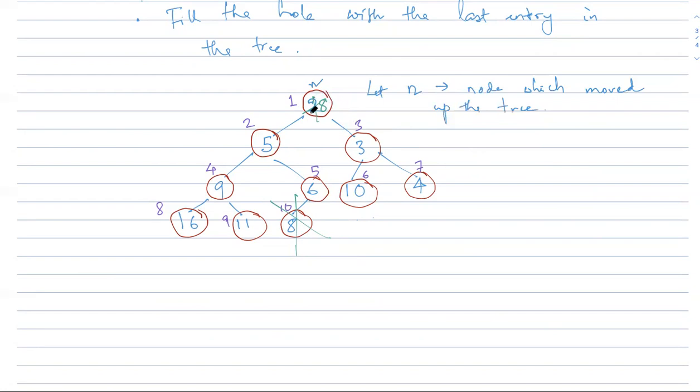Now we have to settle this down at its proper place. So instead of bubble up, now it is bubble down. You have to bubble down n so that heap order property is restored.